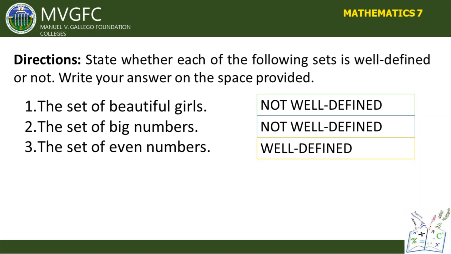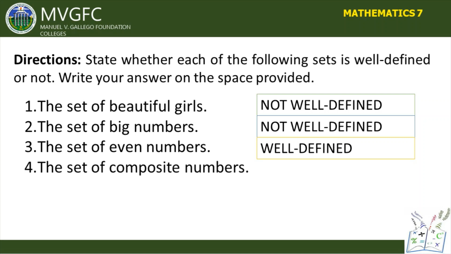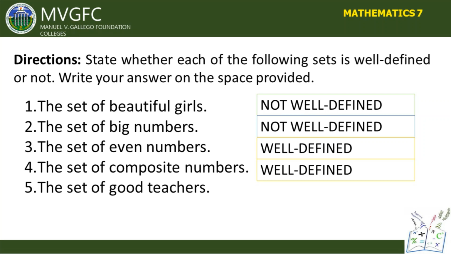For number 4, we have the set of composite numbers. That is a well-defined set because we also know what are those composite numbers. And for number 5, the set of good teachers, that is not a well-defined set because we don't know who are those good teachers.